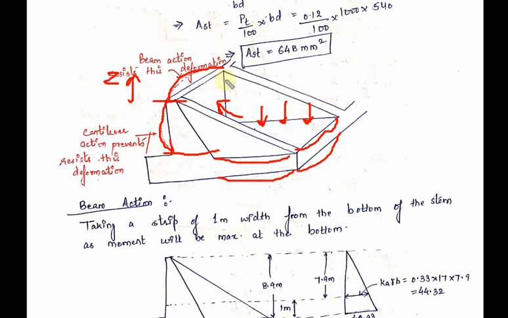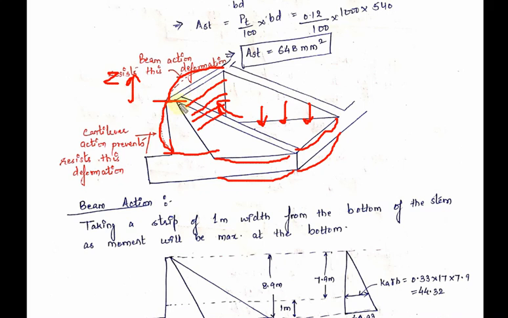Now, the stem can be considered to be made up of small strips of 1 meter width. These strips are fixed at the two ends because there are two counterforts. Therefore, each individual strip behaves as a beam fixed at the two ends.